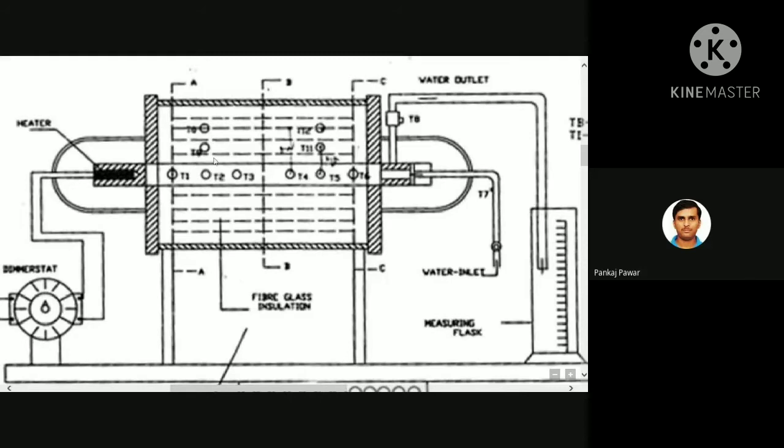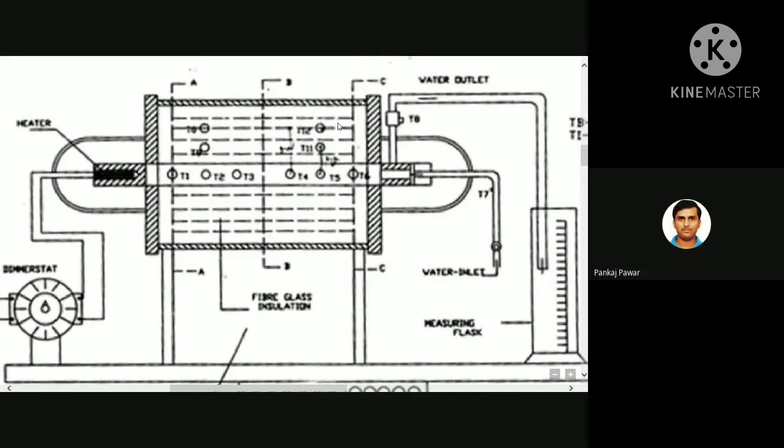T9 is in the AA and BB section and T11 is in the BB and CC section.